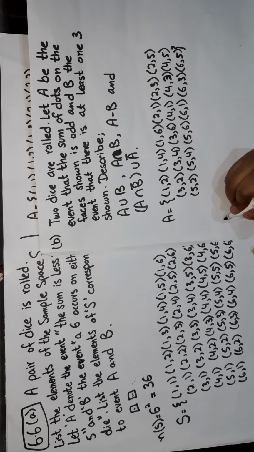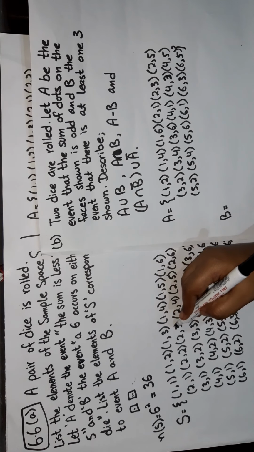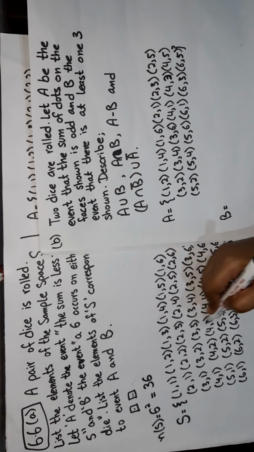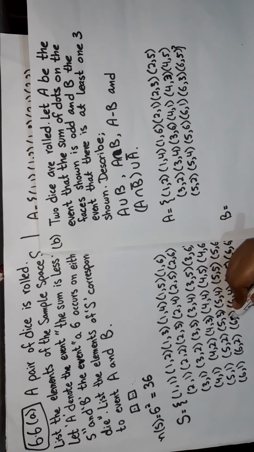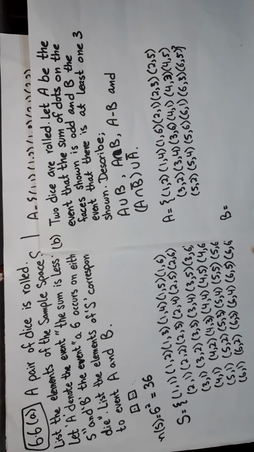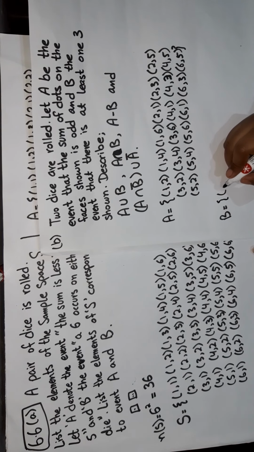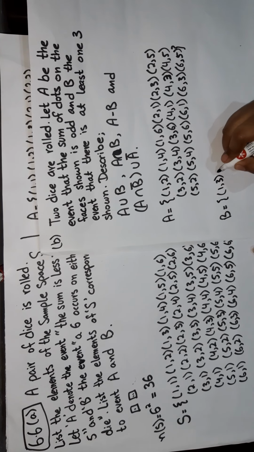Now what event B says is that there is at least one 3 shown. Here we can see that in all these elements at least one 3 is shown, and in all these elements at least one 3 is shown. So we will write those elements in which at least one 3 occurs.